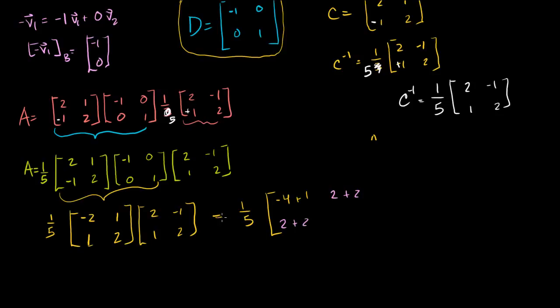And then you have 1 times minus 1, which is minus 1, plus 2 times 2, which is 4. So this is going to be equal to 1/5 times, we have a minus 3, we have a 4, and a minus 3. Sorry, a plus 3. All right? Minus 4 plus 1 is a minus 3, and then a plus 3.